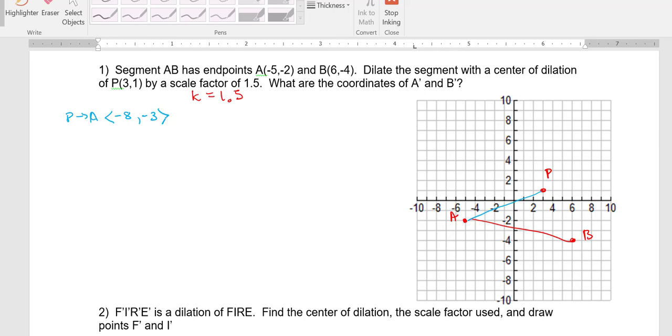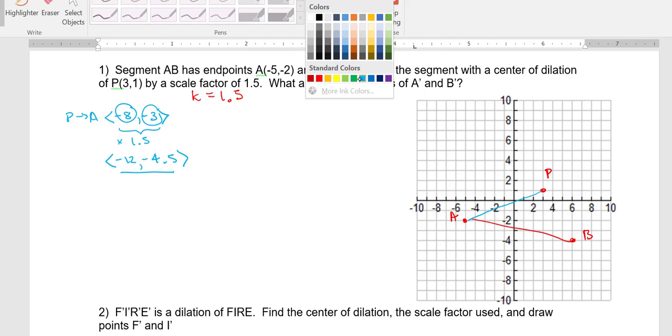And if I multiply both of these by 1.5, I'm going to end up moving -12 and -4.5. So I multiplied -8 by 1.5 and -3 by 1.5 and got this.